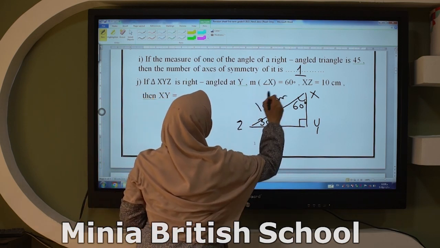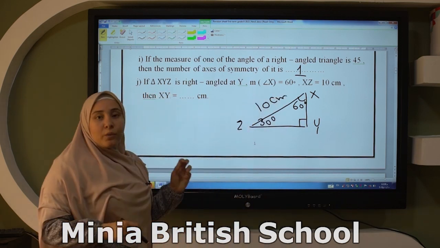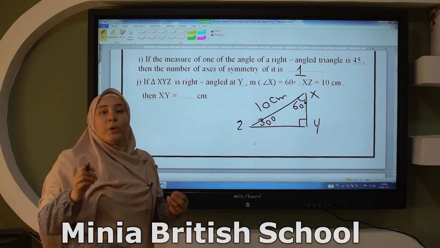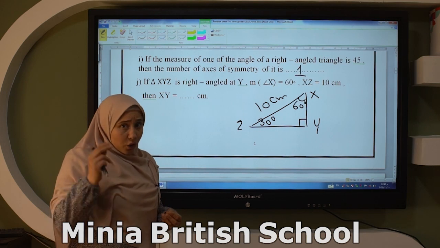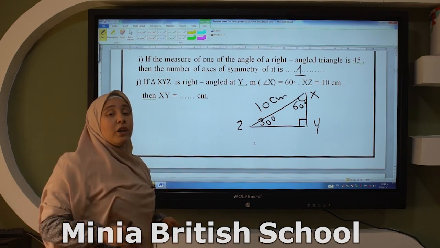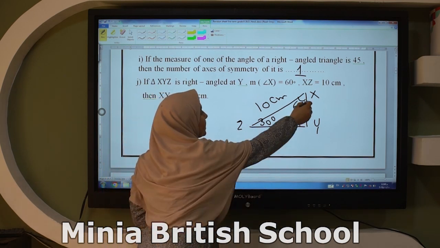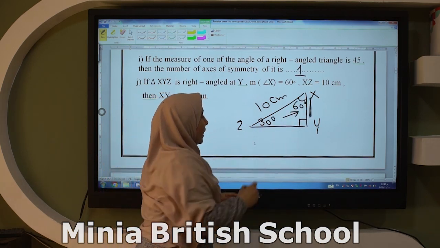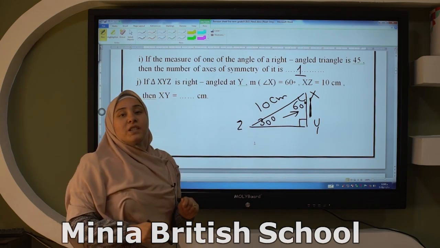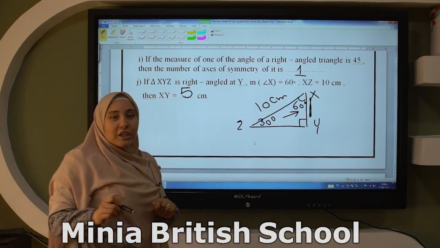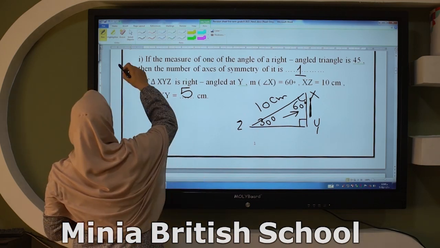XZ here represents the hypotenuse, and its length equals 10 centimeters. Then XY equals what? We know the length of the side opposite to the angle of measure 30 equals half the length of the hypotenuse. Then XY equals 5 centimeters. Okay, the next page.